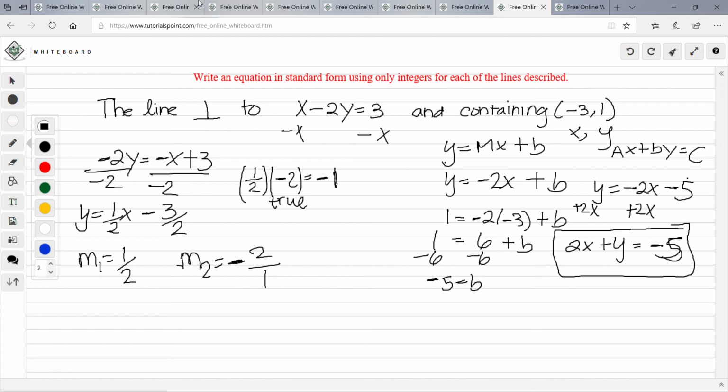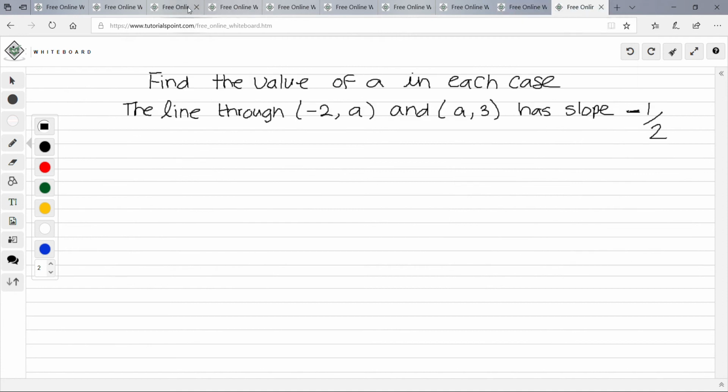Okay, I guess the last problem. So it says, find the value of a in each case.